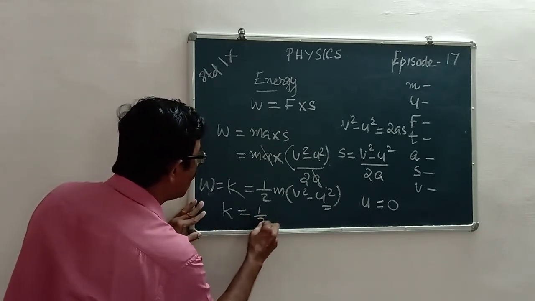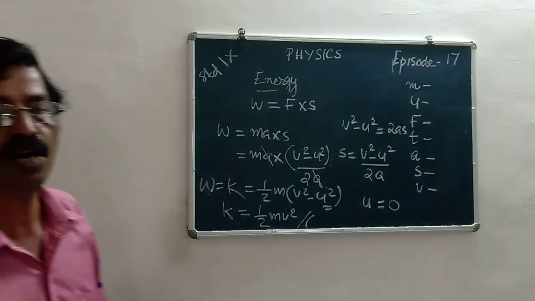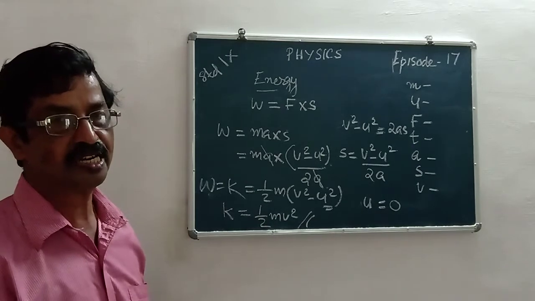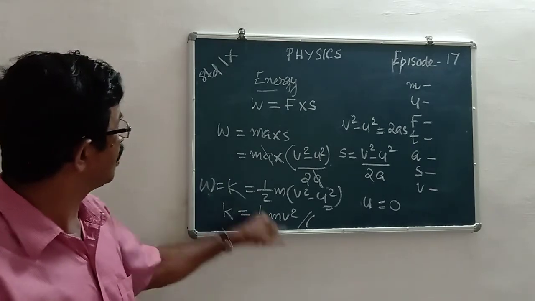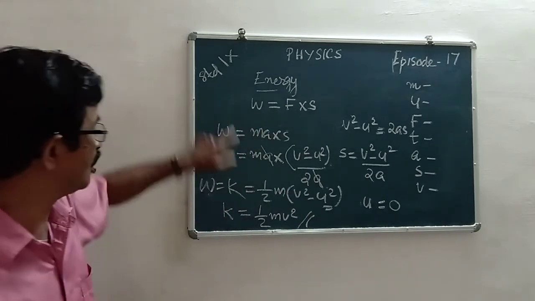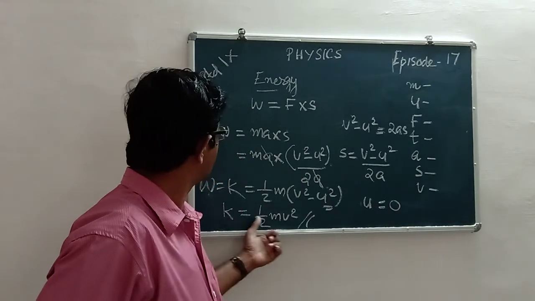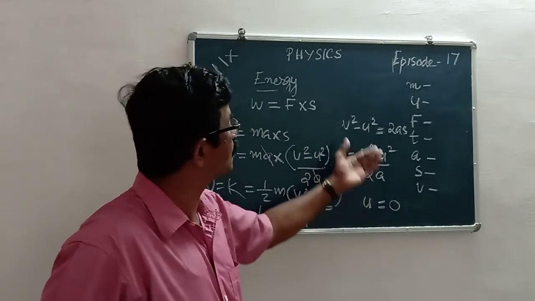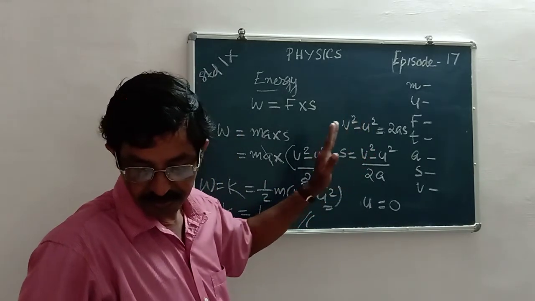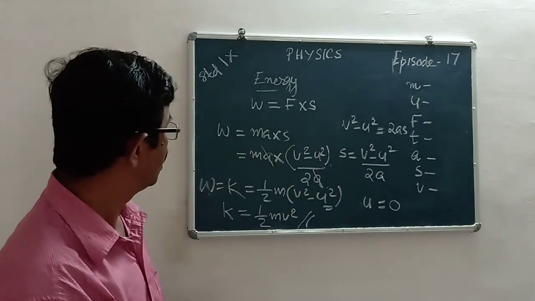K is equal to half m v square is the relation to find kinetic energy if the body was at rest in the beginning. From this we can find out kinetic energy. With this, there are some numerical problems given. Let us do it.